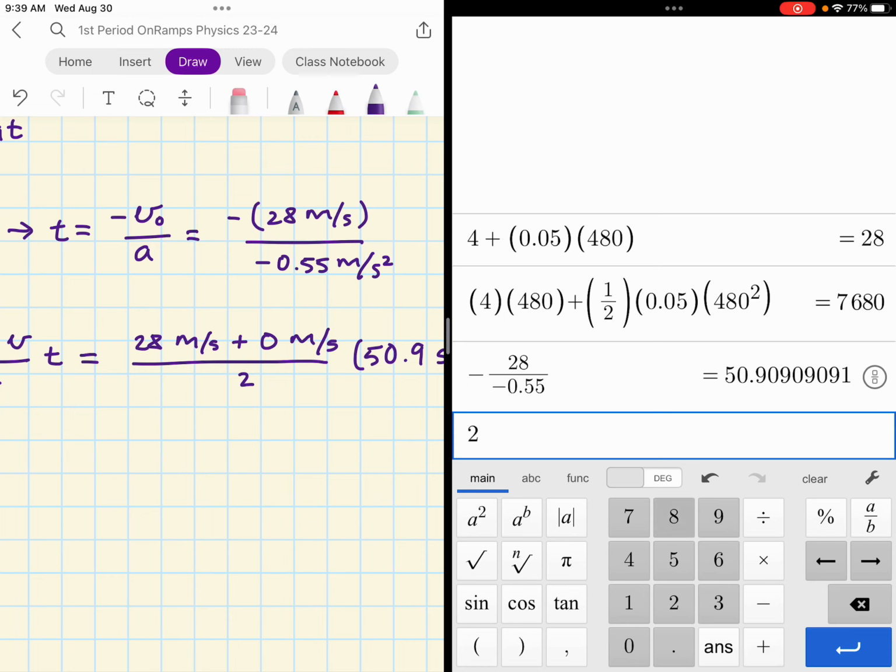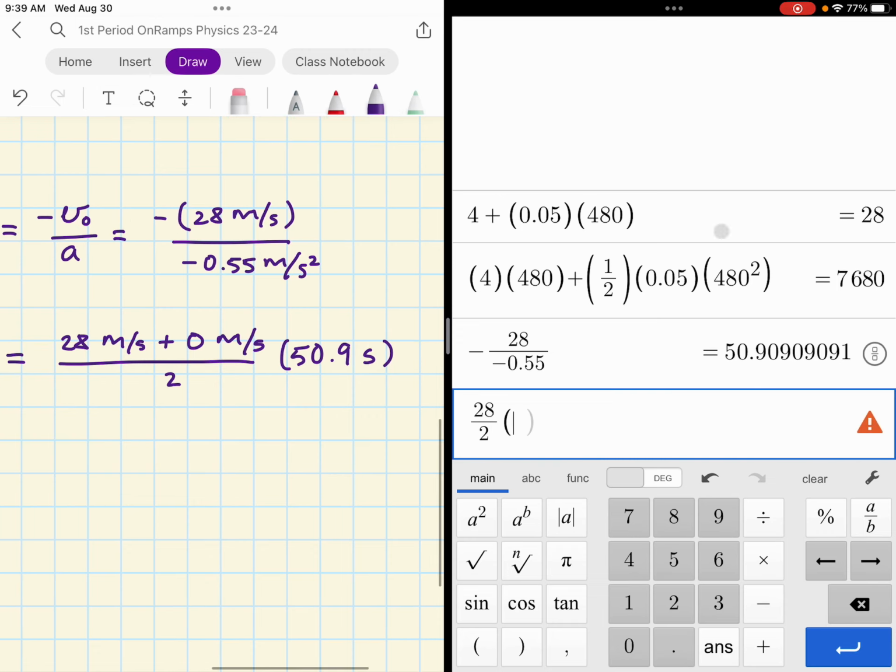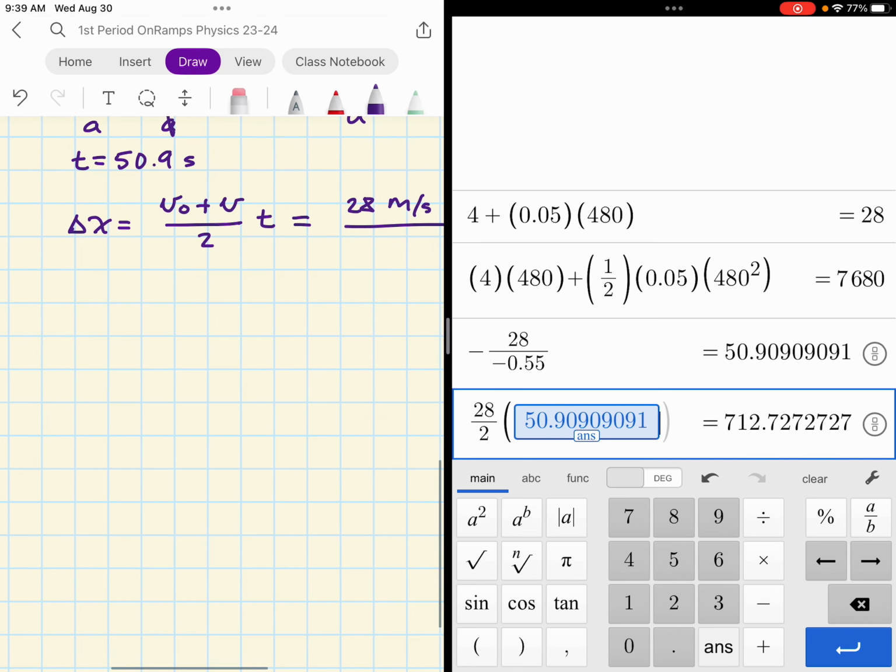So we have 28 plus 0 divided by 2, times, instead of typing 50.9, I'm going to select answer, and there you go. So my displacement is now 712, let's say 0.7. And that's meters. Okay?